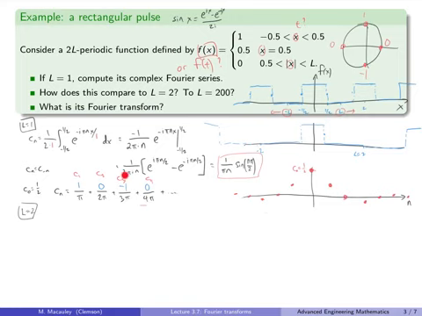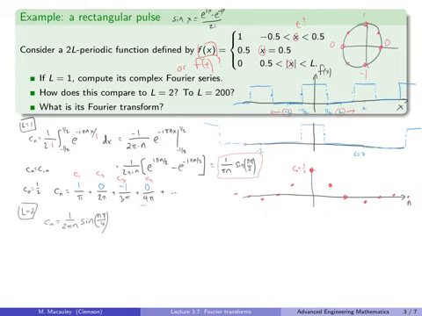And instead of a 2 here, we're going to have a 4. So for L equals 2, we're going to get that Cn equals 1 over 2 pi n times sine of n pi over 4.